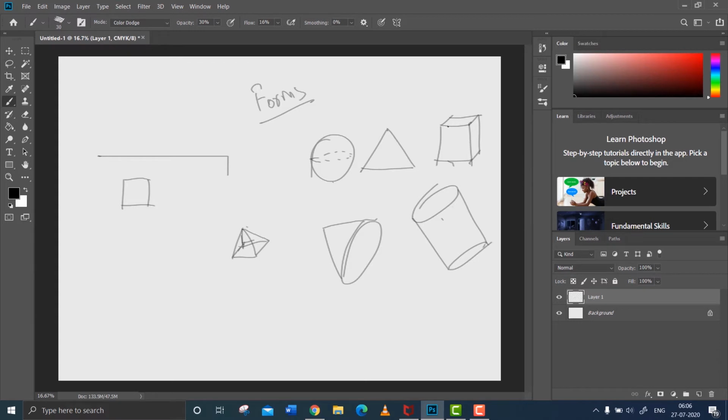We can make anything out of these 5 shapes. Let me demonstrate.